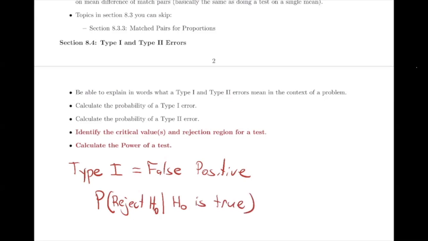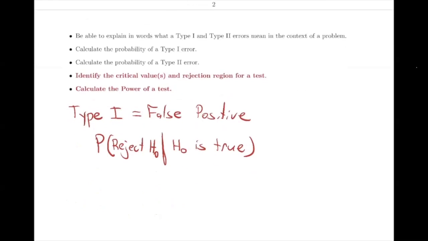So these are conditional probabilities. And this is often denoted with alpha because this is related to the significance level.